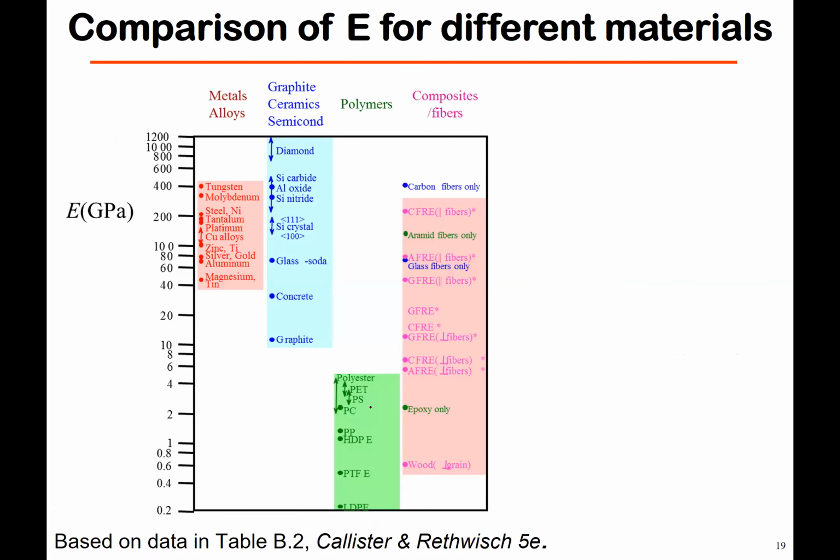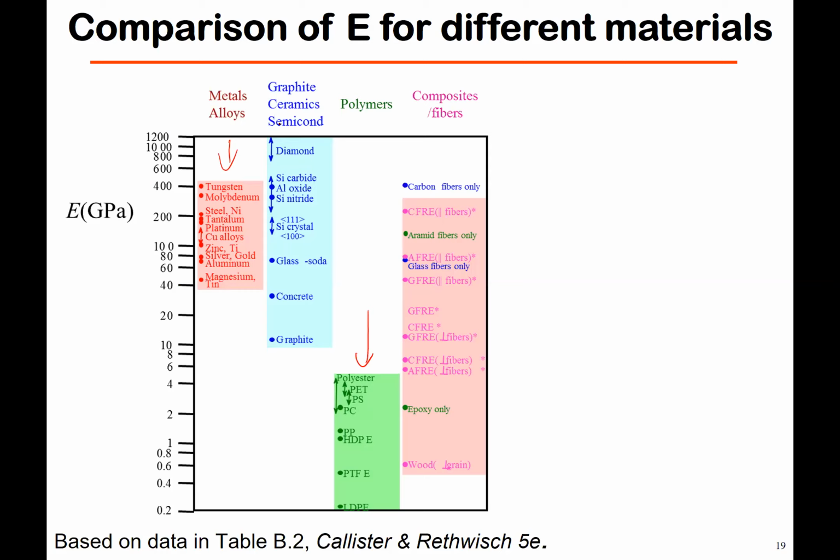So then if we look at elastic moduli for different types of materials, so we're looking at this slope in the elastic region, stress over strain, we could see some generalities here, right? We can see that metals in this red box right here, tungsten, molybdenum, your steels, tantalum, platinum, copper alloys, and so forth, generally are higher, so they're stiffer than that of, let's say, polymers, which are magnitudes lower.